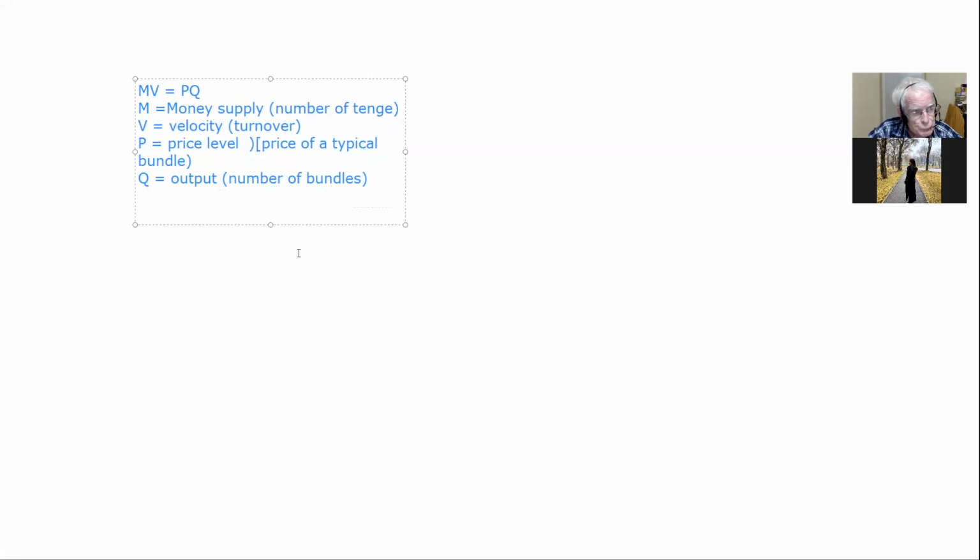So we can rewrite this expression in terms of logarithms, which might be helpful. The log of M plus the log of V. Remember that for a product, the logarithms can be added across the terms in the product.